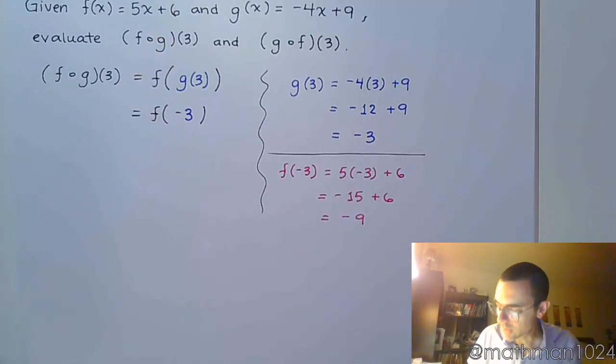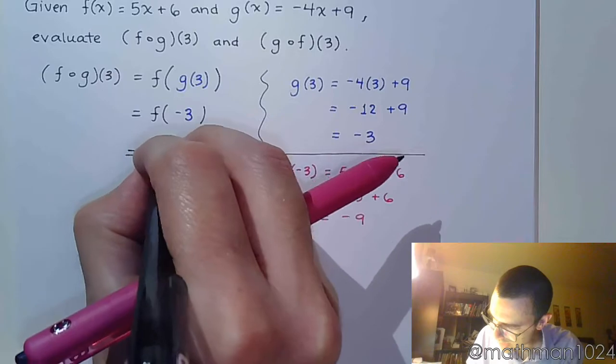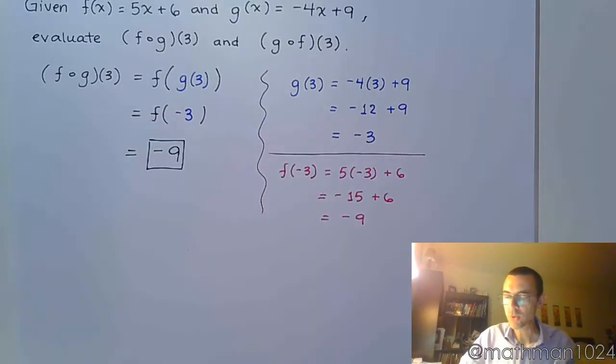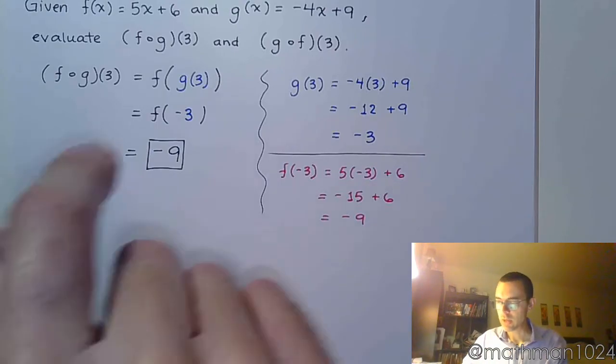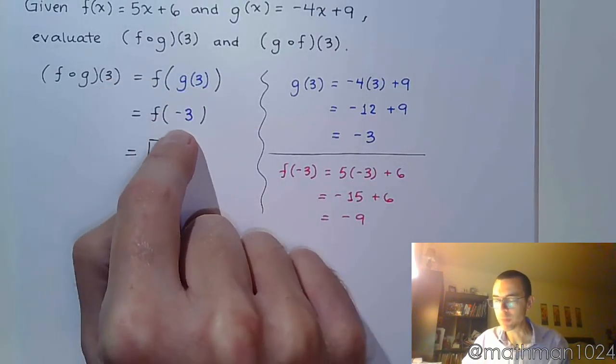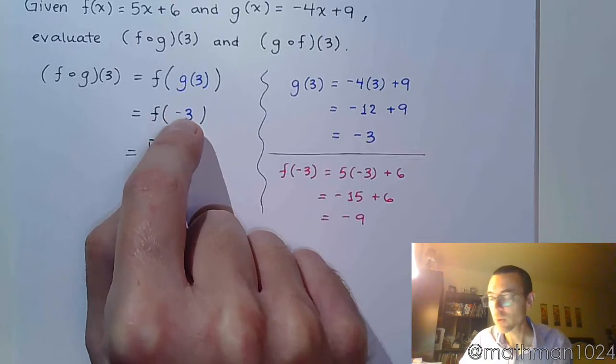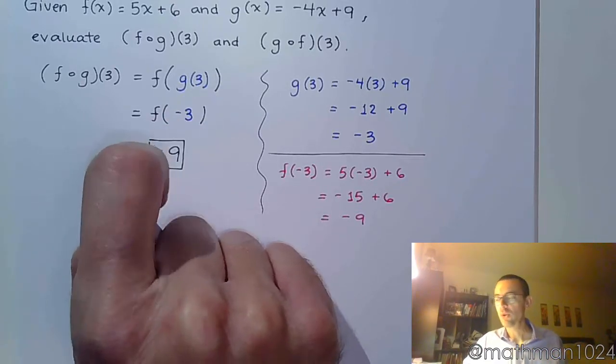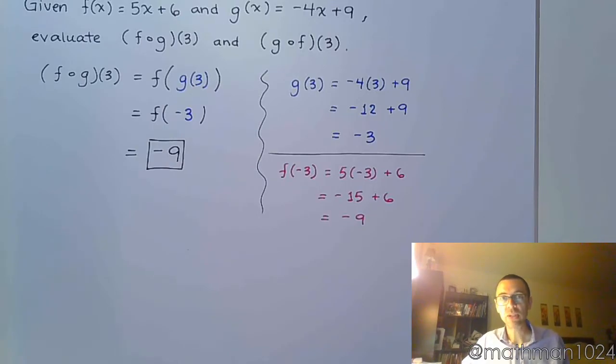So all of this work to say that we get negative 9 here at the end. As 3 is coming down the assembly line, 3 goes into g first and becomes negative 3. And then that's what f sees. f sees negative 3, and he gives you negative 9. So in this case, f never sees the original input value of 3.